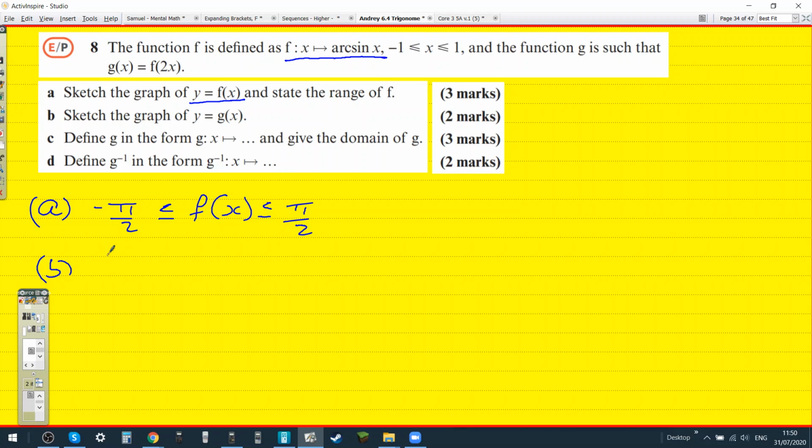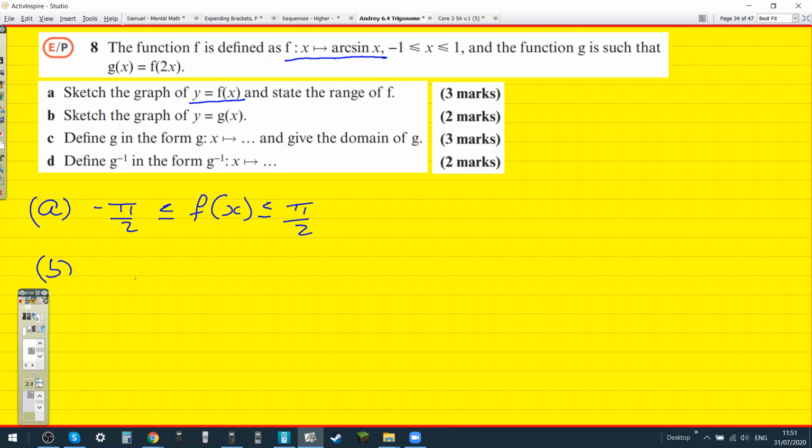I think would it just be double that? Would that be 2 arcsine x? It would be f of 2x, which is not the same as 2 arcsine x. That means it's in the bracket. So isn't it that anything that's inside of the bracket you actually double?